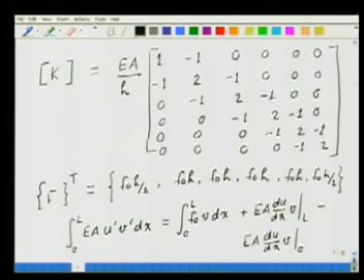Now, the question is, what is EA du dx at the two ends? So at the two ends, at x equal to L, EA du dx is P. At the end x equal to 0, this is equal to Q. So let us go and look at it in greater detail.